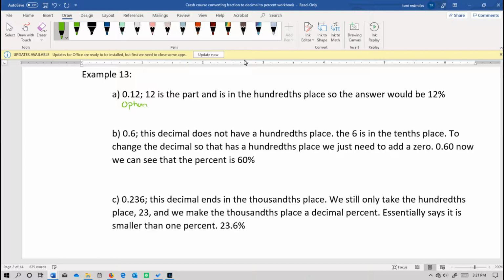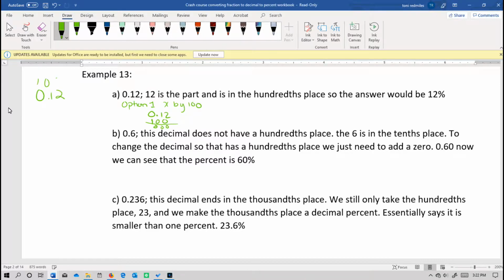So way number one is to multiply by 100 to change a decimal into a percent. So to do this one, I would put 0.12 and multiply it by 100. I'm going to need more room. Let me do it out here.